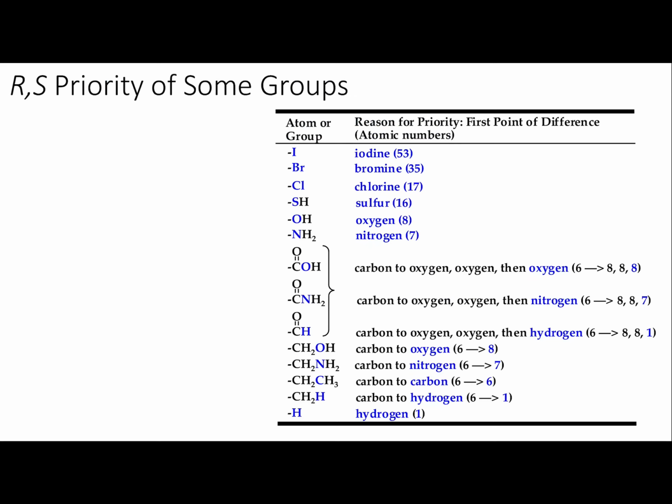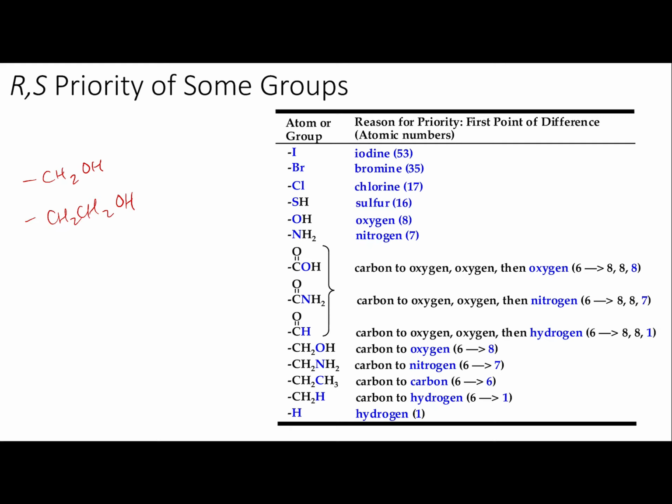So here are the two groups, CH2OH attached to a carbon, and here's another one, CH2CH2OH. If these two groups are on a carbon, which one is going to have the highest priority? We're just assigning priorities at the moment. So we look at each carbon and we see what it's attached to.